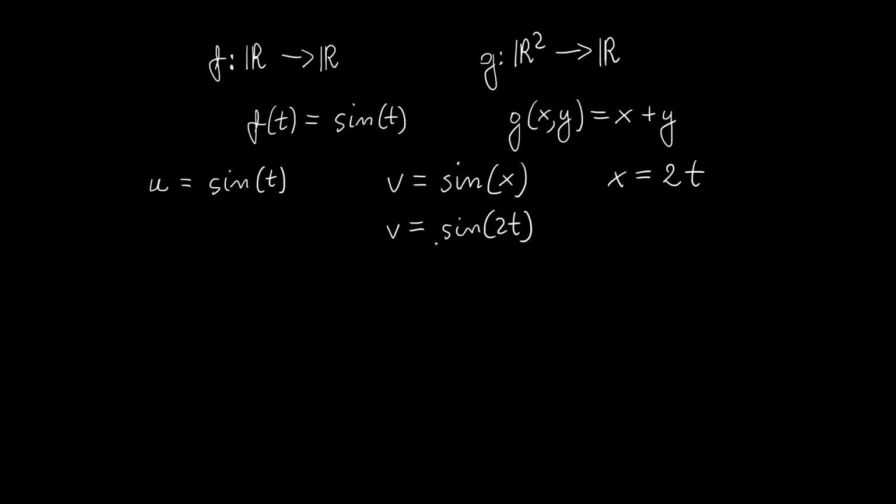But obviously, if we write it in a way that this is a function v of x and this is v of t, it doesn't match, because v of x is sine of x. So if you substitute x here with anything, that thing will go here as well.